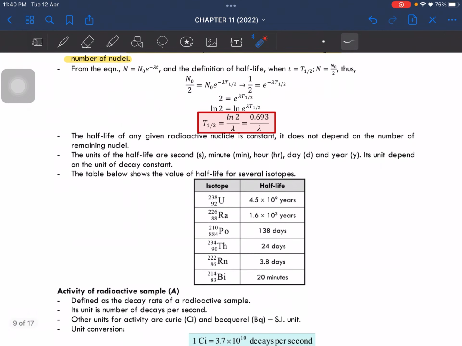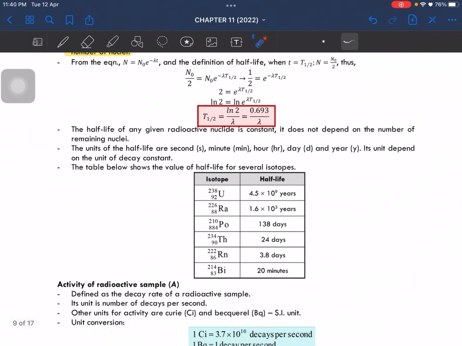Okay, so the half-life of any given radioactive nuclide will be constant. It does not depend on the number of remaining nuclei. And the units of half-life can be second, minute, hour, day, ataupun year. Okay, the unit depends on the unit of decay constant. Kalau the decay constant is given in hour, then your half-life will also be in hour.